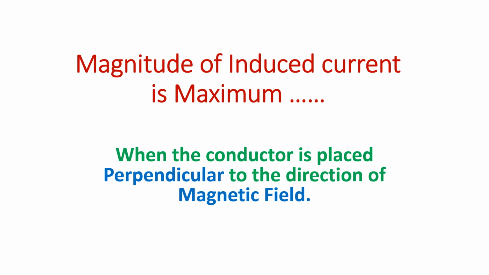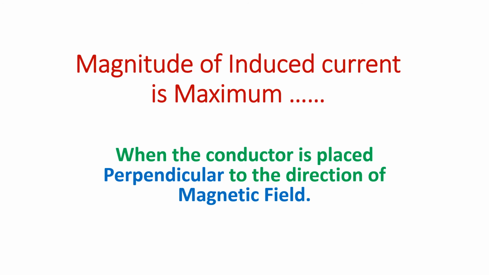Moreover, the important point to be noted related to the magnitude of induced current: when can we have maximum induced current produced in a conductor? When a magnet is moved near a conductor or vice versa, the magnitude of induced current will be maximum when the conductor is placed perpendicular to the direction of the magnetic field.